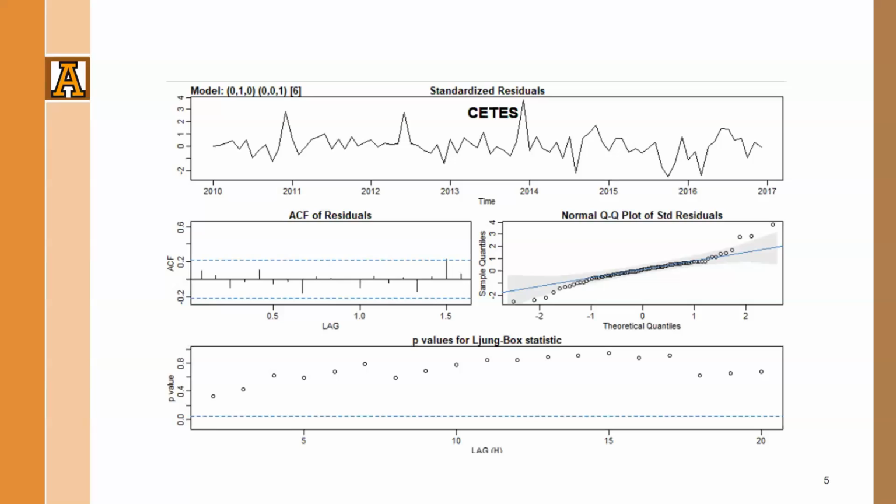We need to take one difference, and then we have zero non-seasonal moving average terms, and we have one seasonal moving average term, because in the ACF we only observe that the 6th lag is significant. The rest are non-significant. So that may be an MA, but seasonal, with S equal to 6. So that's why we fit a SARIMA model with a seasonality of 6 months.